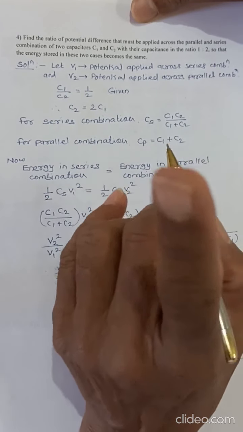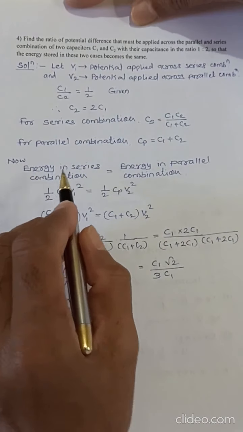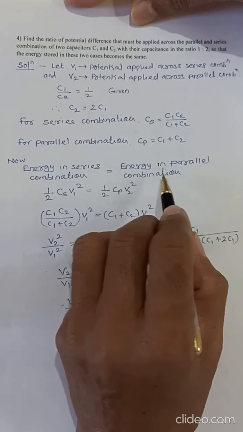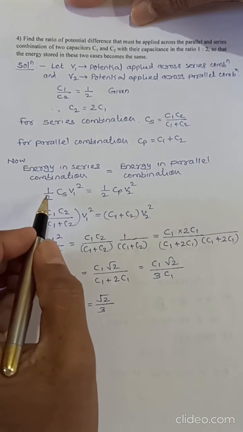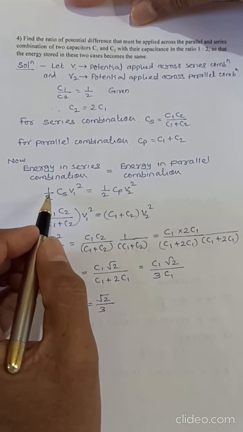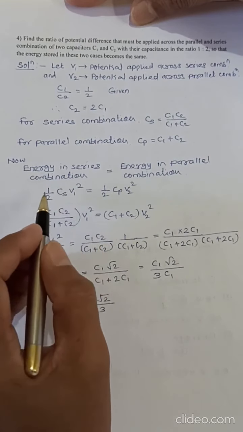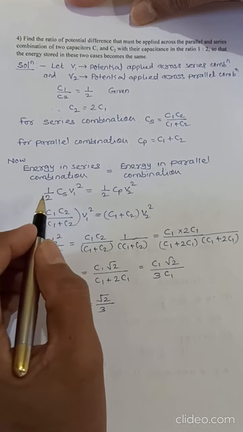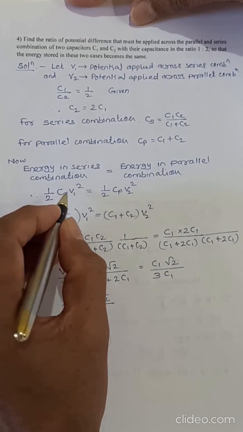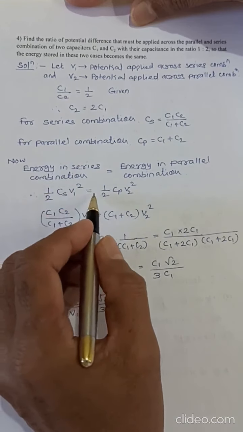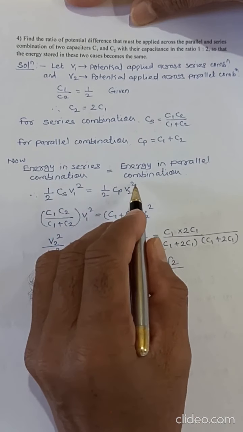But again, one thing is given: the energy in series combination is equal to energy in parallel combination. And we know that the energy of the capacitor is 1/2 CV square. So in case of the series combination, energy is 1/2 CS V1 square, equal to energy in parallel combination, 1/2 CP V2 square.